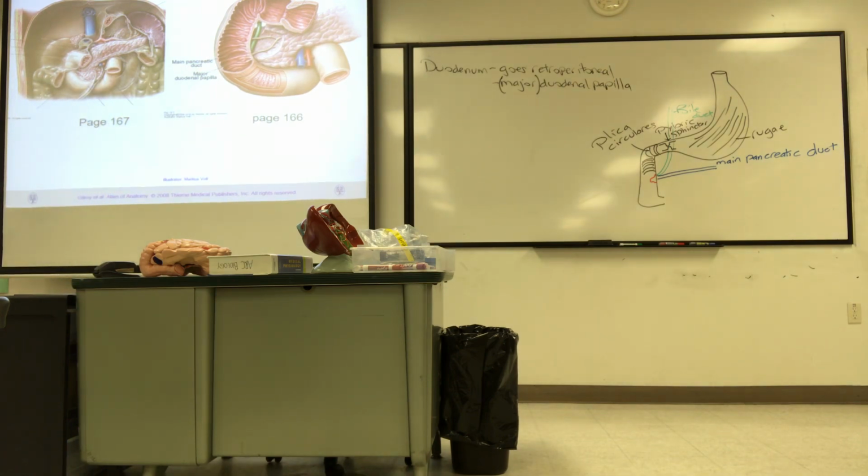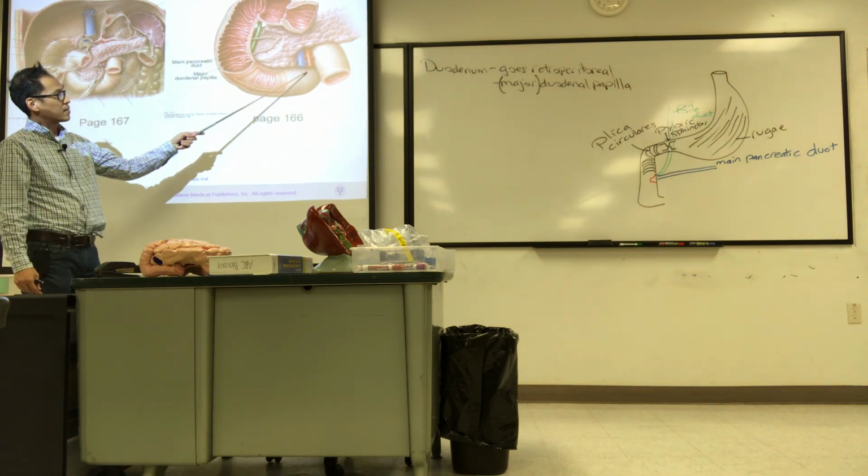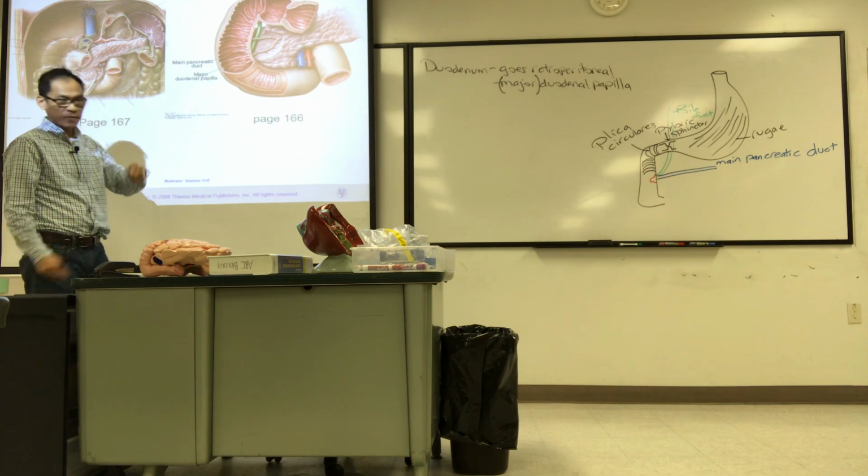Another important piece of anatomy is the blood vessels. The superior mesenteric artery and vein go over the duodenum. Always look for that.